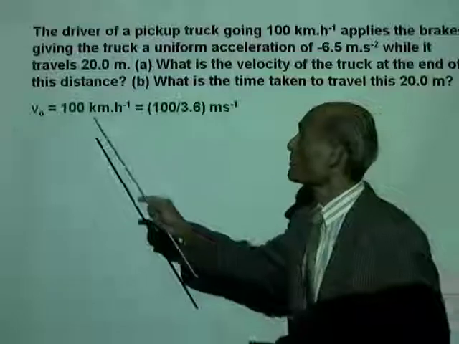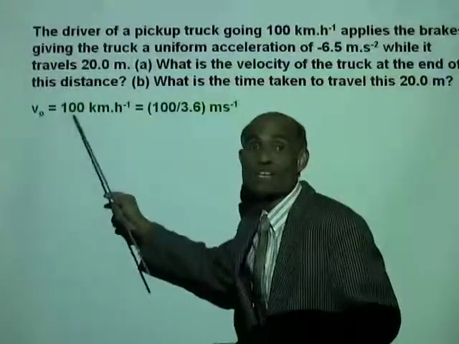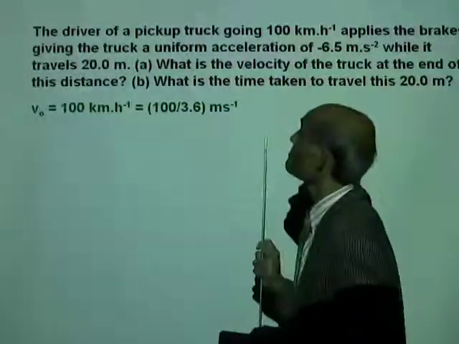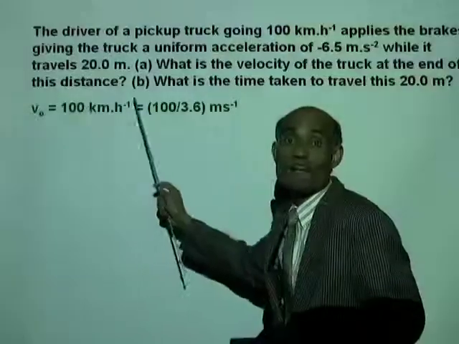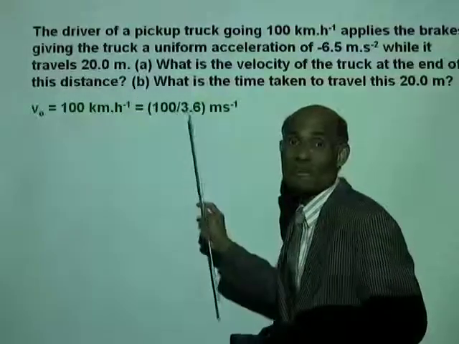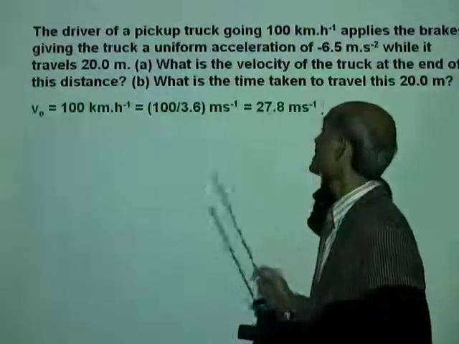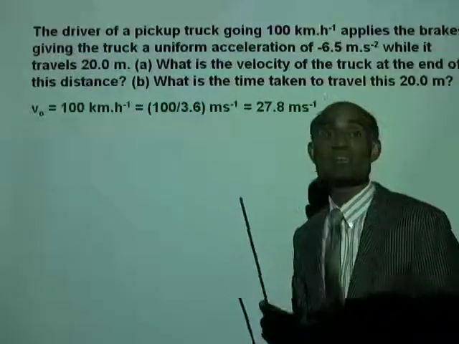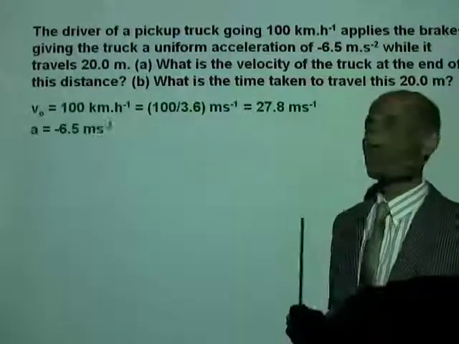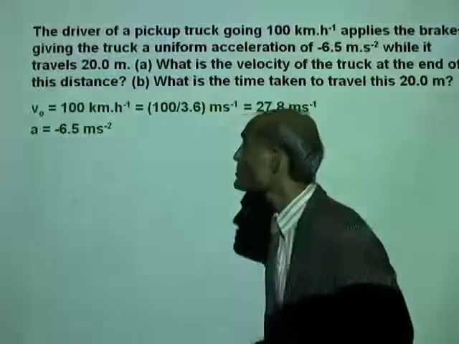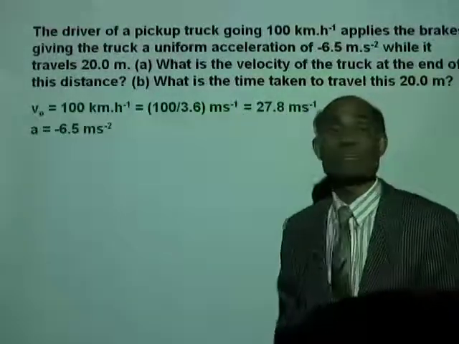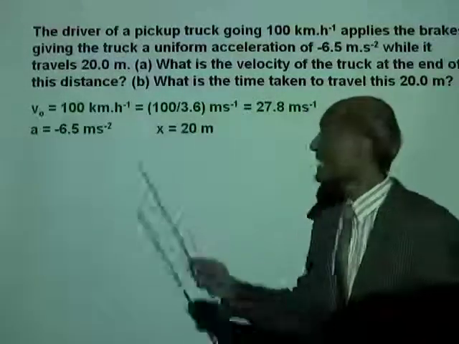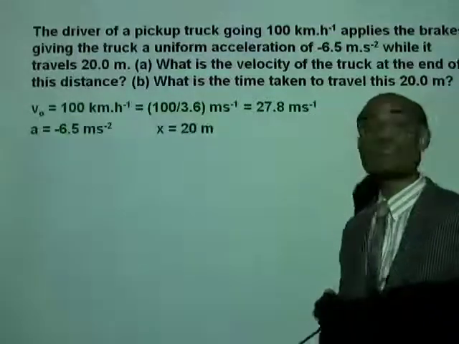What do we know? We know the initial velocity is 100 km/h. Convert that to meter per second, divide by 3.6, that is 27.8 meter per second. Acceleration is negative 6.5 meter per second squared and x equal to 20 meter.